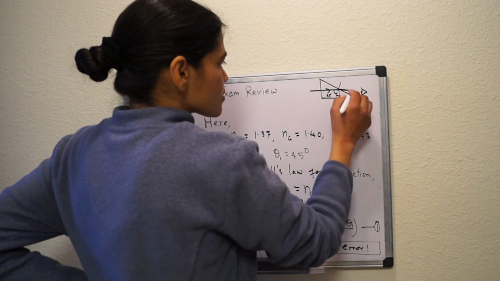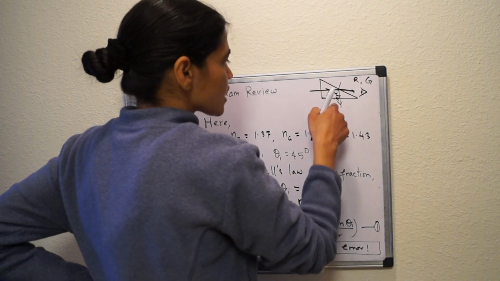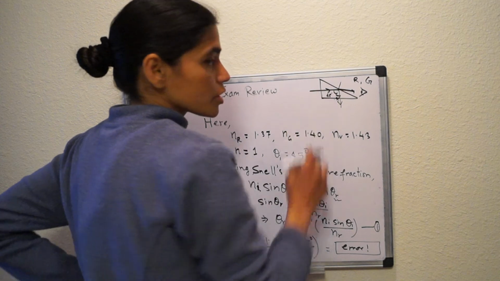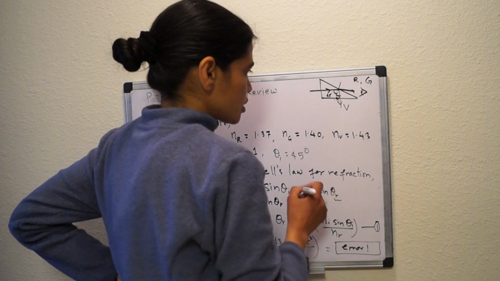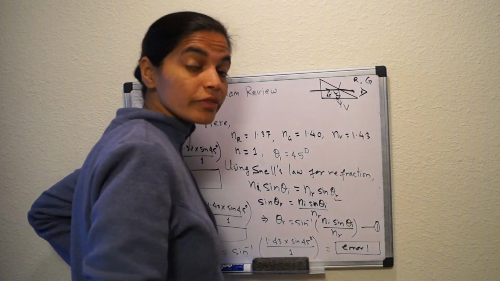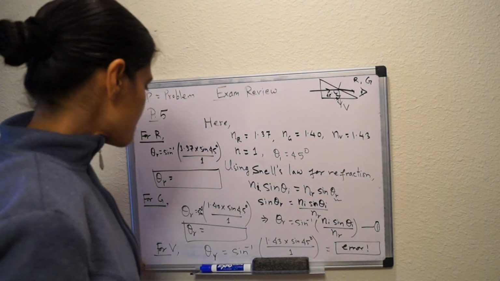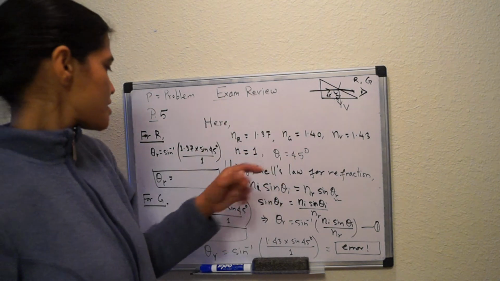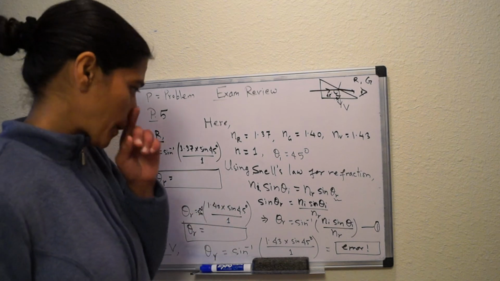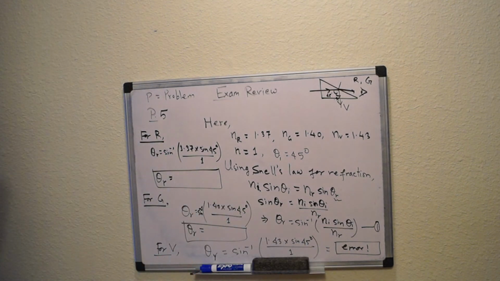So the light the observer sees is only the red and the green color, because the violet light actually meets the condition for total internal reflection. So the violet color goes through total internal reflection, and the observer here won't be able to see that color. Okay? So please find this answer. You should be able to find some number here, and for this one you won't find a value. Okay?